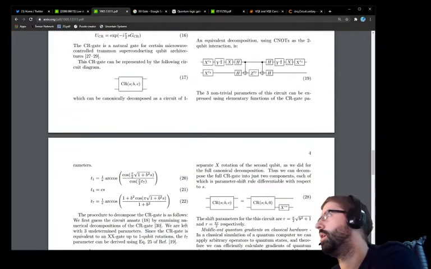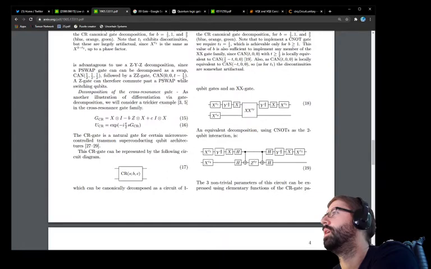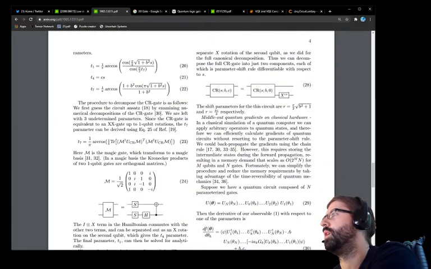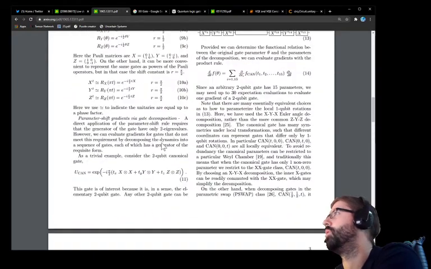You know what I mean? T1 parameter and first derivative, figures 24, 25.